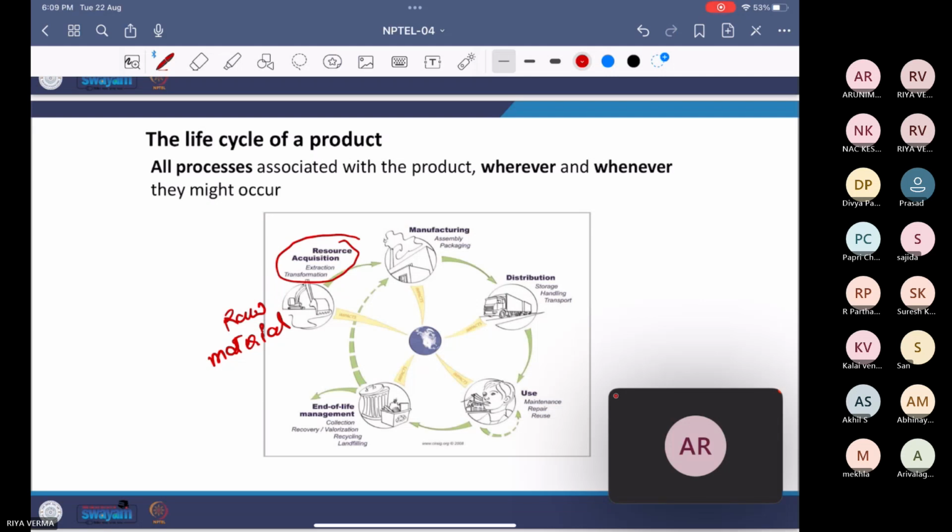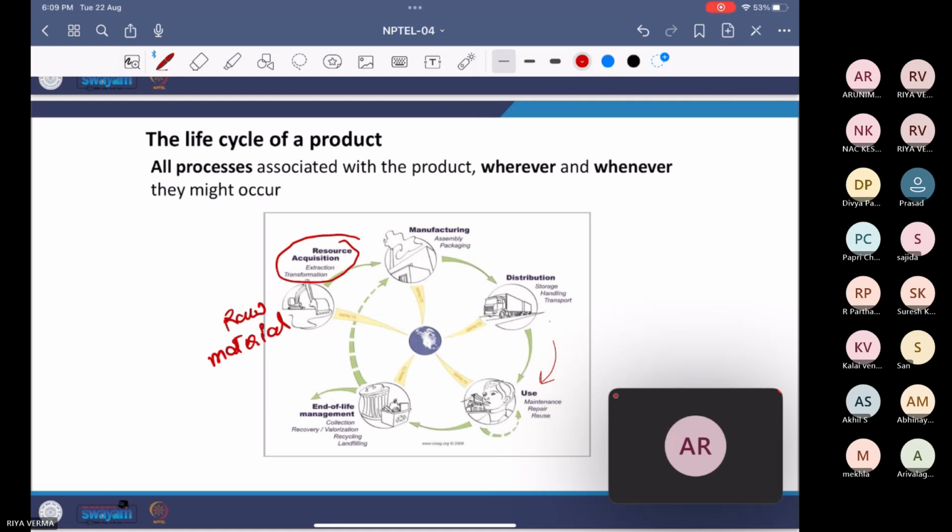After that, it comes to the retail stores, where we buy it and go for the use of that product. And after its use, we have options like maintenance, repair, and reuse. And when the whole life cycle is completed, then it goes to end of life management.